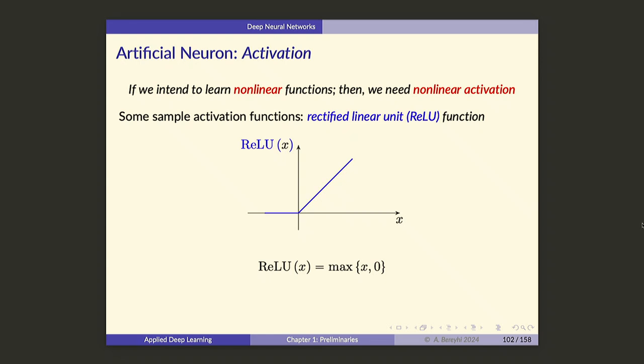Because this is the minimal nonlinearity you can make. For example, why don't we use something like the absolute value? I mean, this comes from the motive that if you think in terms of the universal approximation theorem, say you have the whole plane, and you want to make a specific diagram inside it.